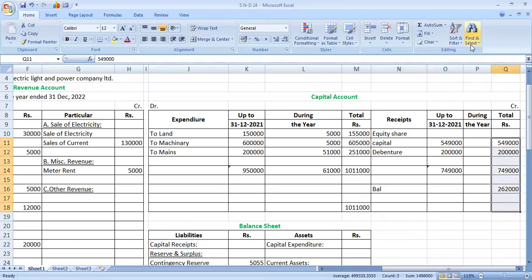Both sides tally: 10 lakh 11,000, 10 lakh 11,000.